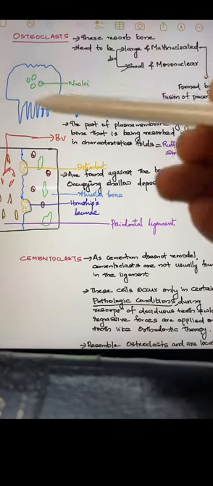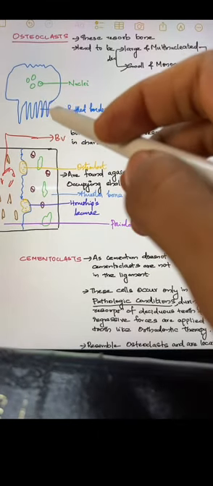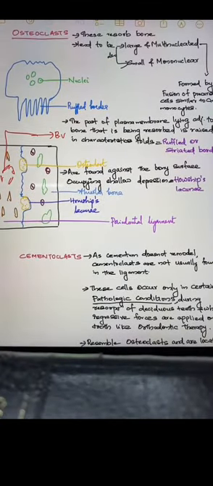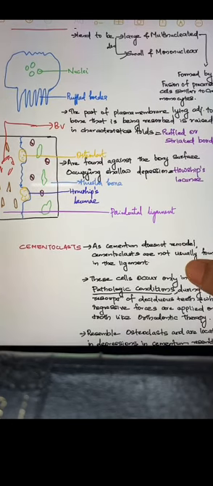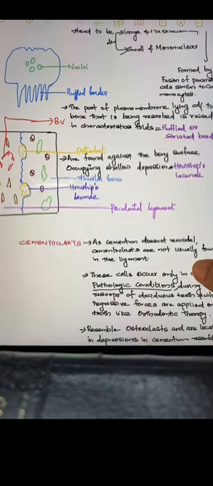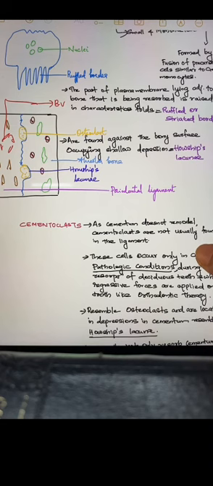This is the osteoclast, and this is the ruffled border. Can you see the ruffled border? This is a part of the plasma membrane lying adjacent to the bone that is being resorbed, raised in characteristic folds. This is called the ruffled or striated border.